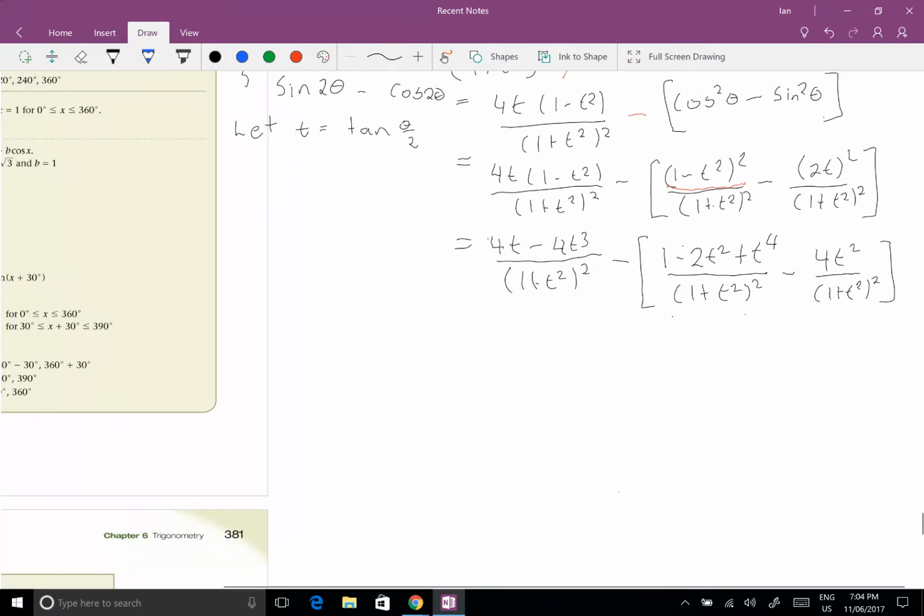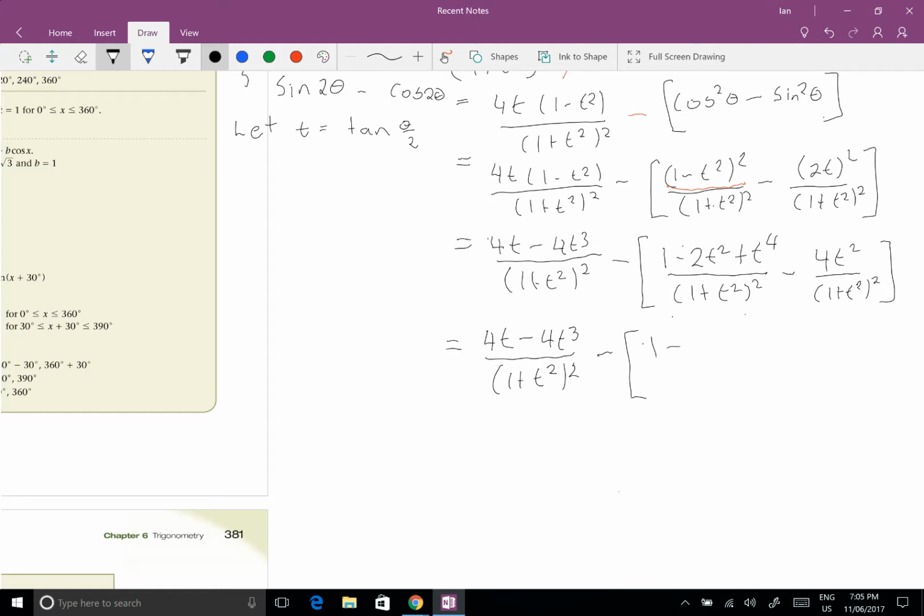Well, let's tidy up inside that parentheses first. So we've got 4t minus 4t cubed on 1 plus t squared all squared. And here, I'm going to keep it in parentheses so I don't mess up the negatives.